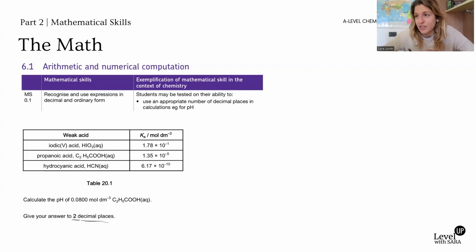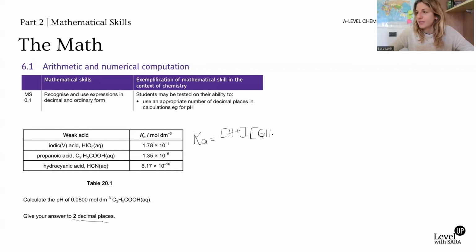In this case, I think the calculation, well, the mathematical point is relatively easy, okay? If you wanted to give it a go to this question, pause and then play once you're done, because we'll go through the solution right now. The first thing, Ka, we have to have the expression down, and it's of this acid, so we know it's the product over the reactant.